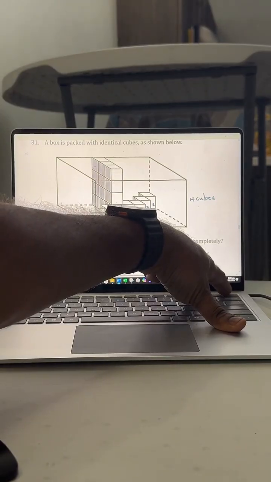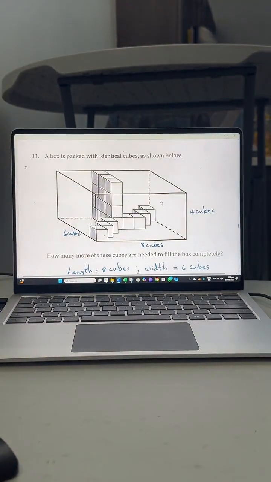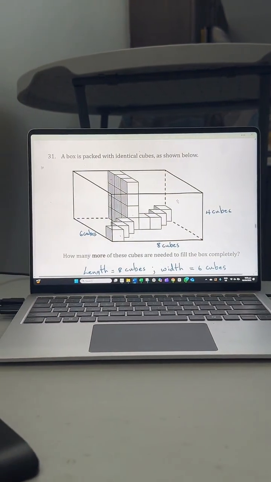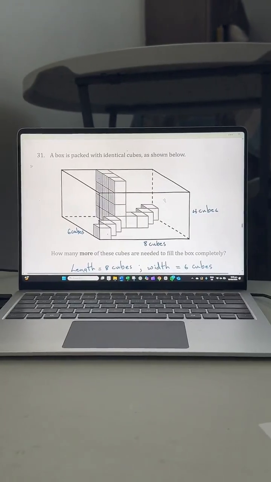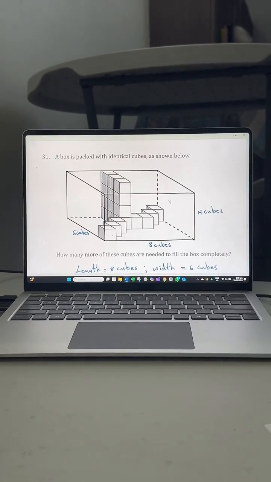How many cubes do we have here right now? How much did you all get? Anybody counted? I see 19 too. So if you had to write on it, 1, 2, 3, 4, 5. Well, there's 8 on it here. 6, 7, 8.